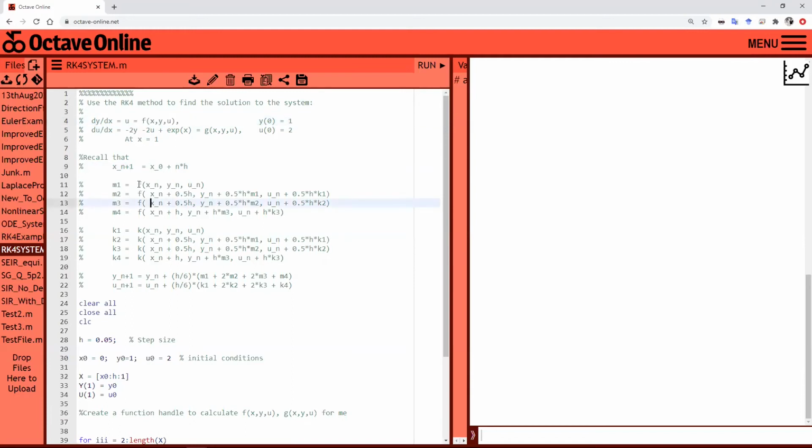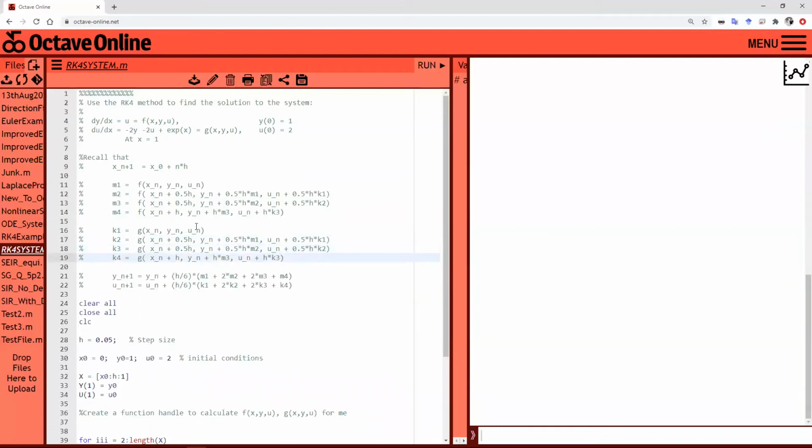We're evaluating this function f at xn, yn, and un for m1. Then for m2, xn plus a half h, yn plus a half h times m1, un plus a half h times k1, so k1 is down here. Okay, these should be g's, so let's just change the function to g here.